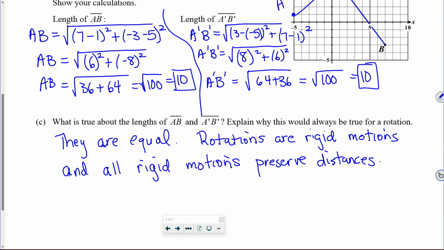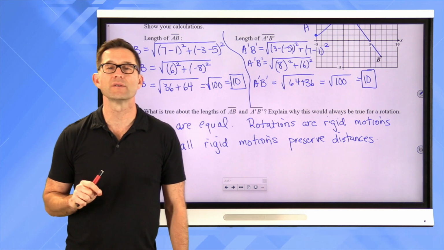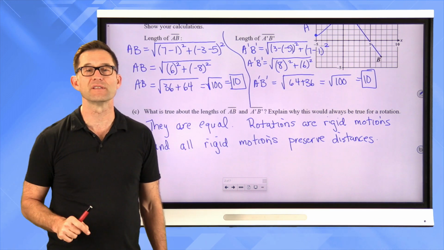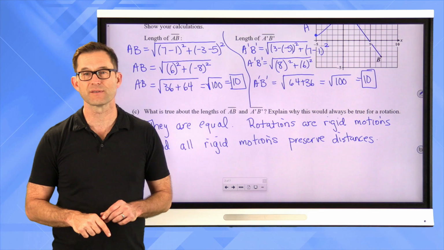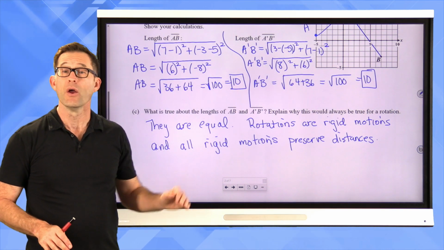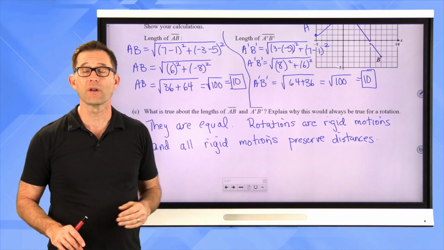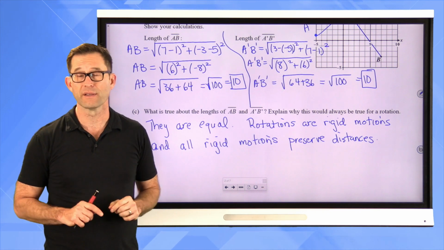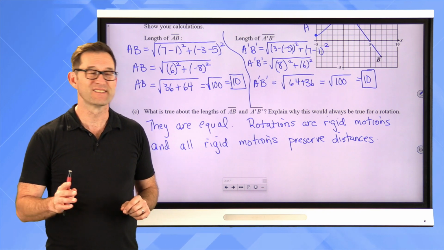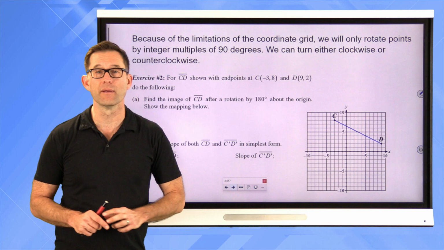The distances between two pre-image points will always be equal to the distance between the two image points of any rigid motion, regardless of whether it's a rotation, a line reflection, or a translation. All right, let's keep playing around with rotations in the coordinate plane.